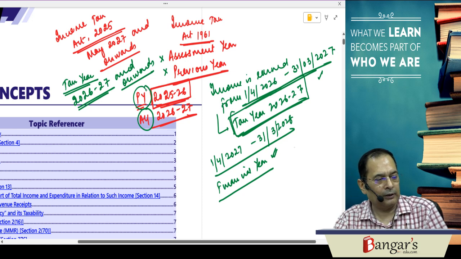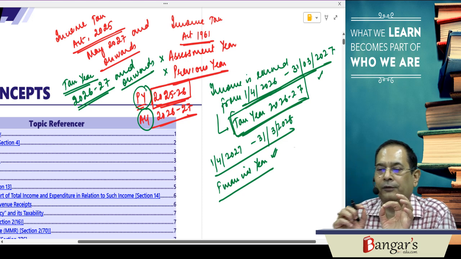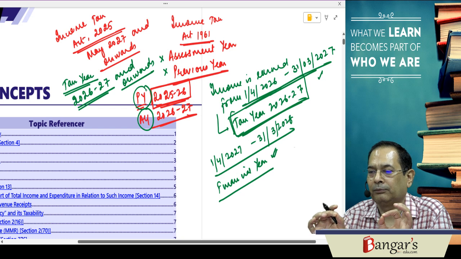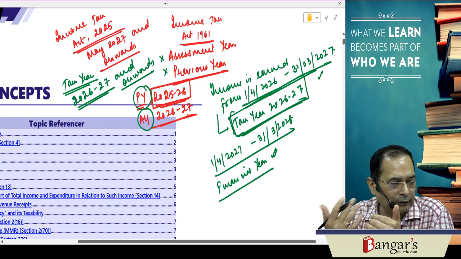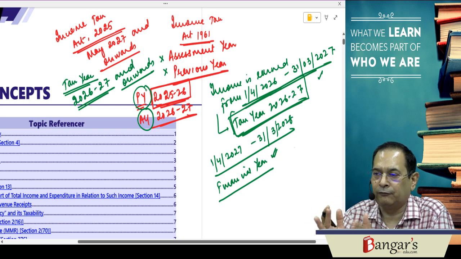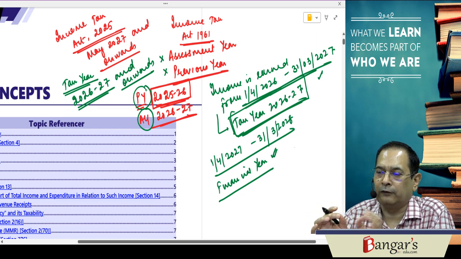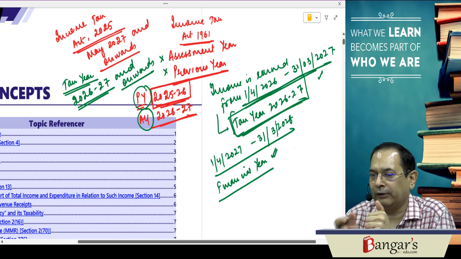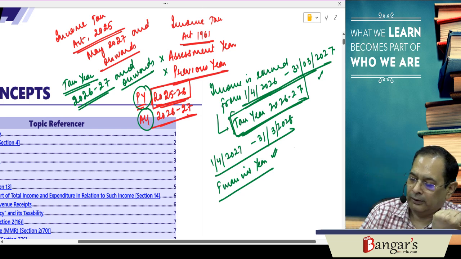So the previous year and assessment year concept has been done away with to bring clarity in this regard, that whatever income is earned by you from 1/4/2026 to 31st of March 2027, that is the tax year 26-27, that will be taxed at the relevant rates of tax which are applicable for the relevant tax year.